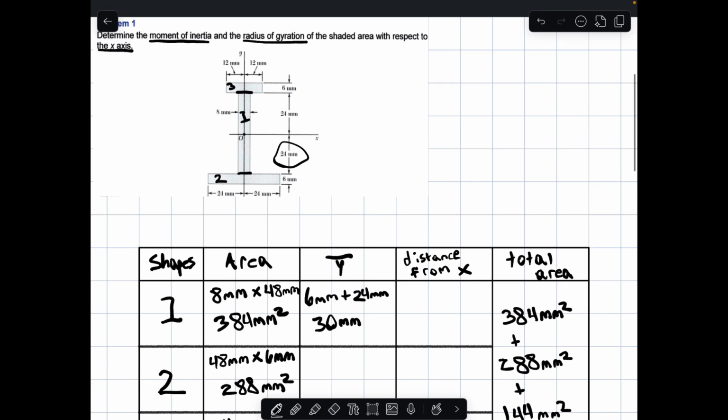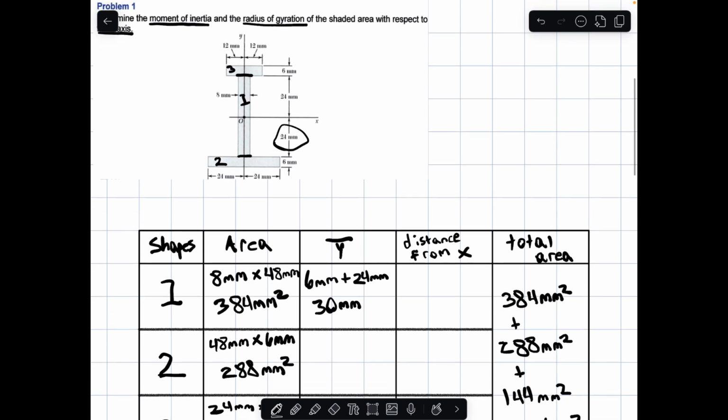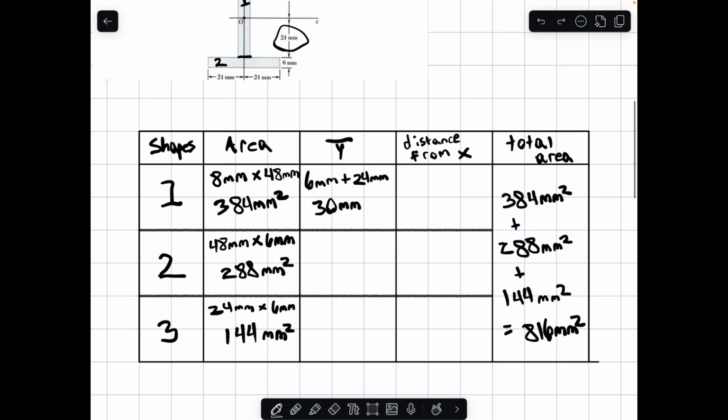For shape 2, the y bar is simple because it starts at the point that we're trying to find the y bar from. We just divide 6 by 2, and 6 millimeters divided by 2 gives us 3 millimeters.